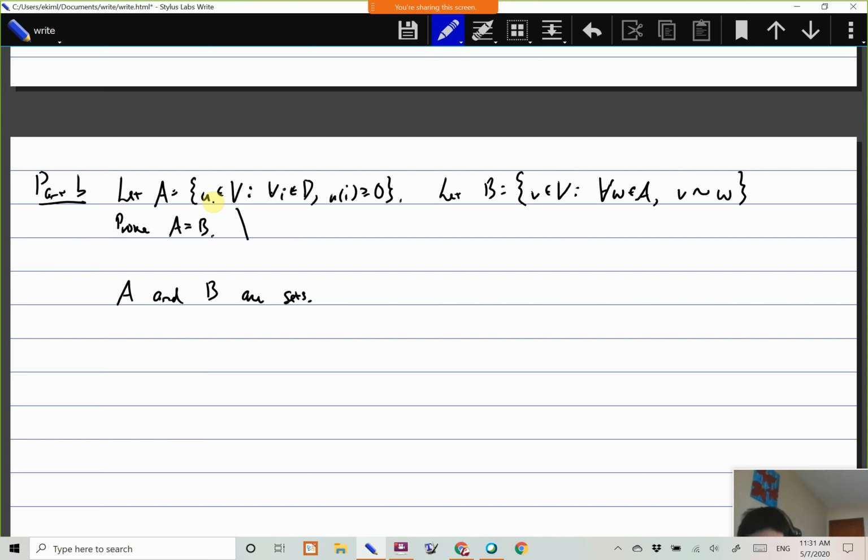Because the thingies have to belong to capital V in order to belong to either A or B. Right away, to belong to A, a thing has to belong to capital V. Capital A is a subset of V. Capital B is a subset of V. So since V is a set of functions, A is a set of functions. B is a set of functions as well.